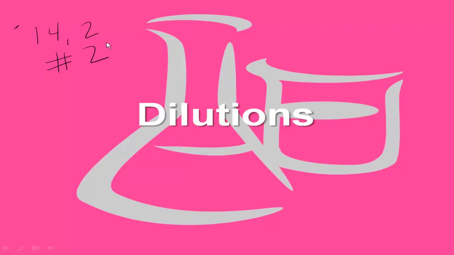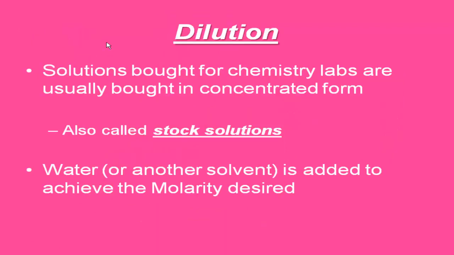All right. So dilutions. In chemistry, especially in high school chemistry labs, we can't buy everything in pure concentration. If I were to go buy hydrochloric acid, for example, I can't buy every single concentration that we need. It's just impractical. So what we do is we buy the most concentrated form that there is, what's considered the stock solution, and then we water it down.